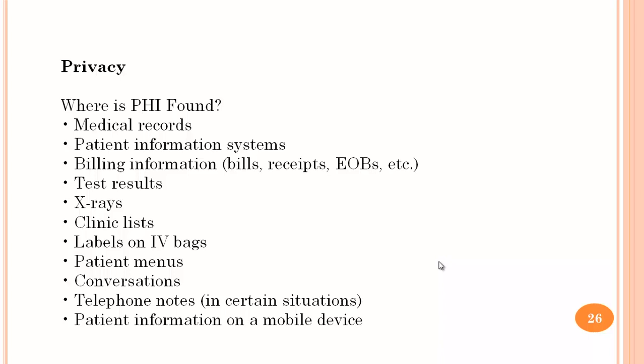Where is PHI found? Medical records, patient information systems, billing information, test results, x-rays, clinical lists, labels on IV bags, patient manuals, conversations, telephone notes, patient information on mobile devices.